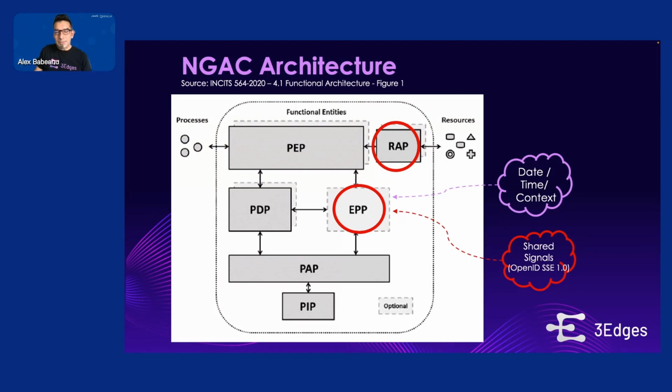And this is quite interesting because there's an effort within the OpenID Foundation standardizing body called Shared Signals, whose goal is to standardize messages that can be sent within the enterprise or any organization to share events that are security related. So now we have an architecture that enables us to do that.